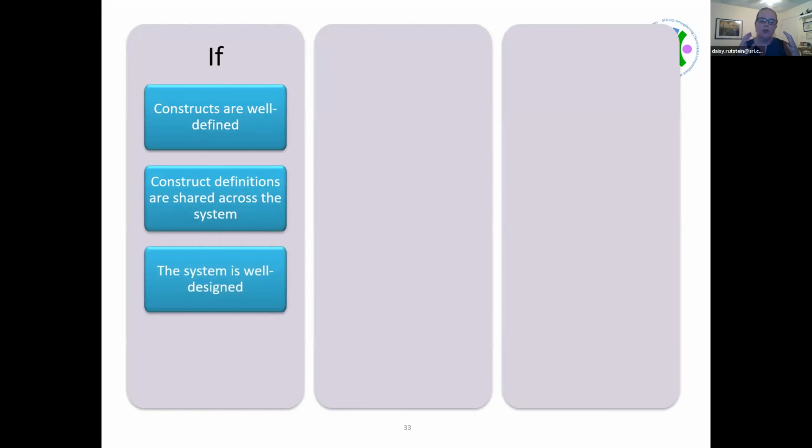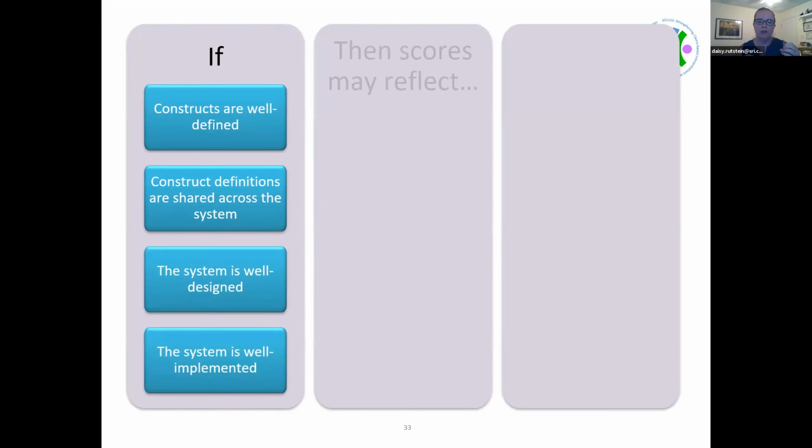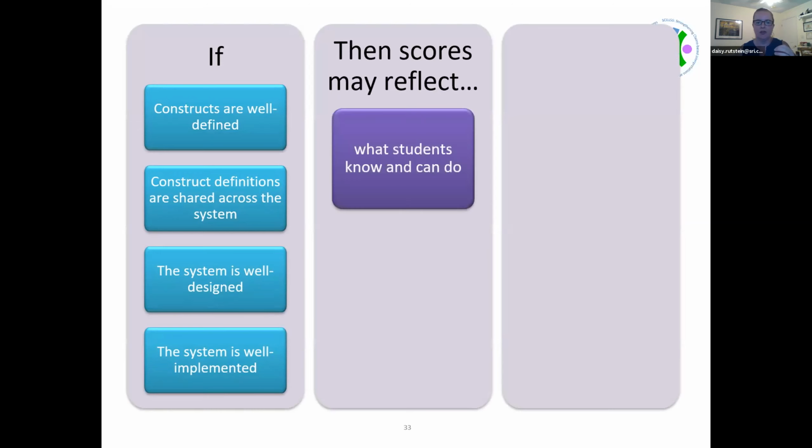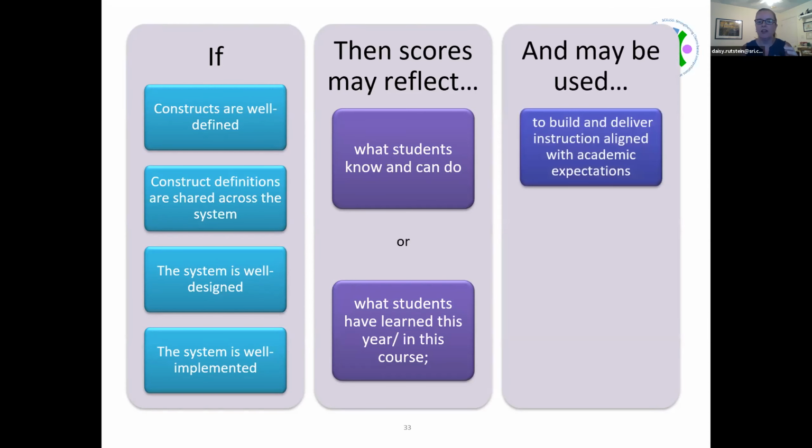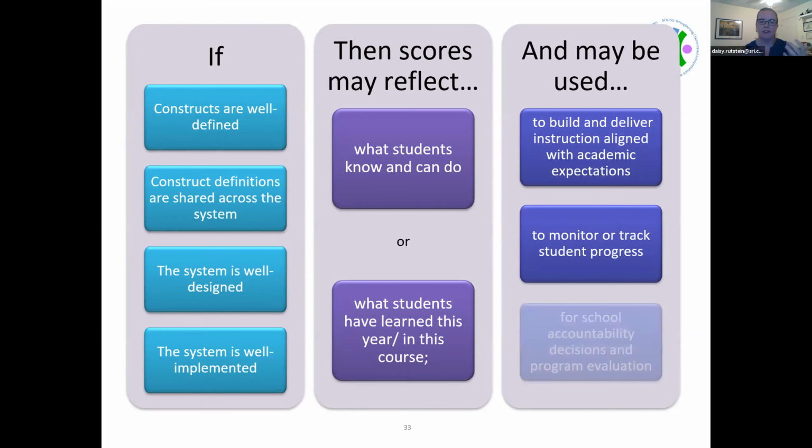So when we're creating our assessments, what we really want to think about is making sure that we know what we're trying to assess, so our constructs are well defined. We know how the system works, the system being the set of assessments along with the curriculum and instruction. And if that's all well defined and we really know what that looks like, then we can be sure that the scores we're getting from our assessments really do reflect what students know and can do, or what they've learned, or what it is we want to know about the students.